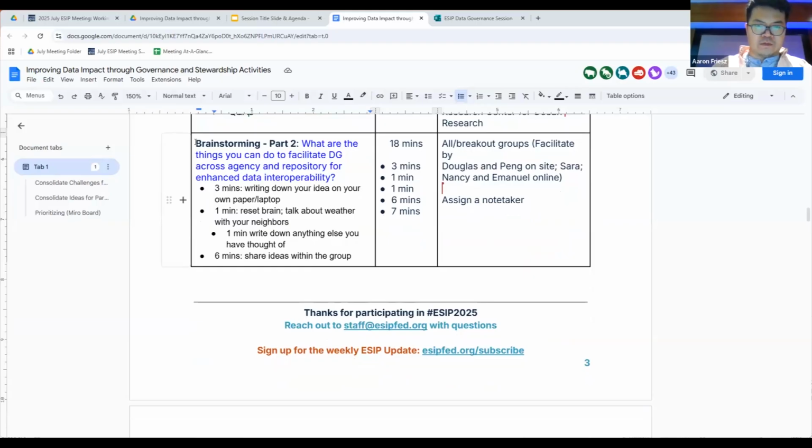We'll have 2 minutes for writing down, 1 minute for breakout reset, another minute to revisit, and 5 minutes for shares as well as to consolidate. Sorry for the online group that we had to pull you back in sooner than you would like to, so you probably would have less than 15 minutes.